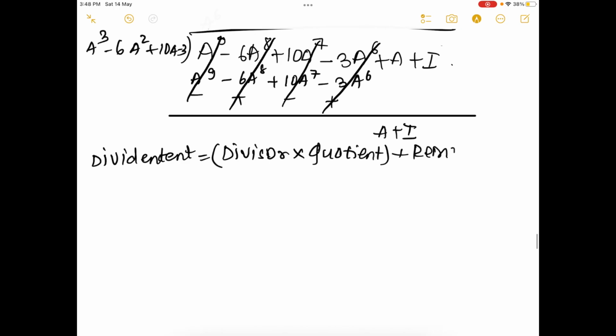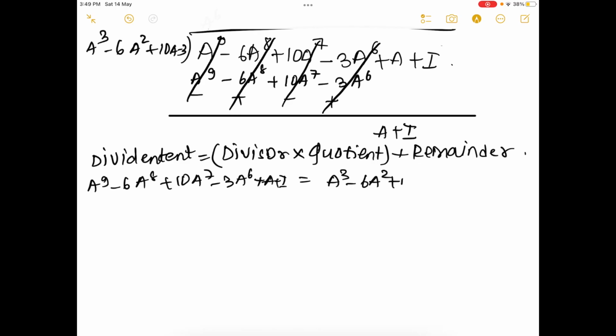Here the dividend is A raised to power 9 minus 6 A raised to power 8 plus 10 A raised to power 7 minus 3 A raised to power 6 plus A plus I, and our divisor is A cube minus 6A square plus 10A minus 3, and our quotient is going to be equal to A raised to power 6 plus our remainder is A plus I.